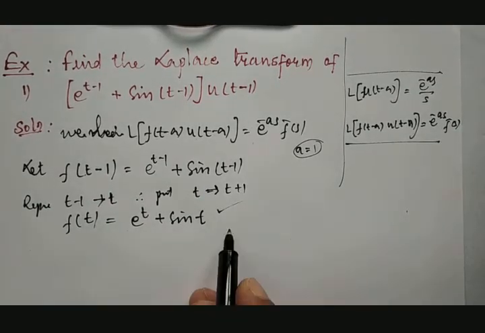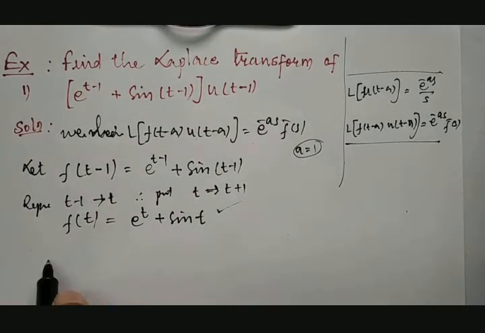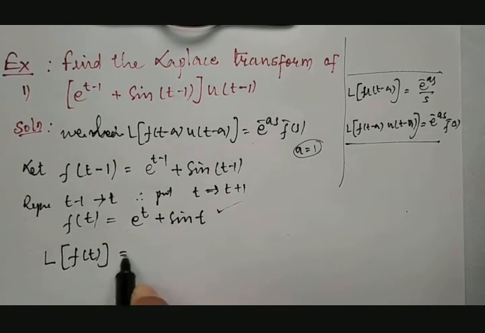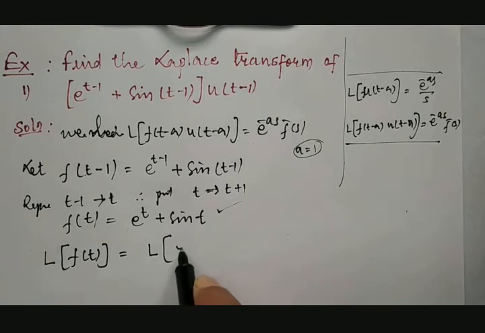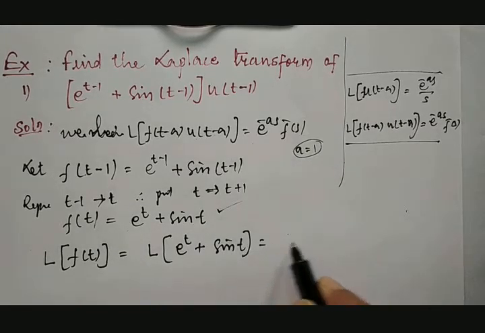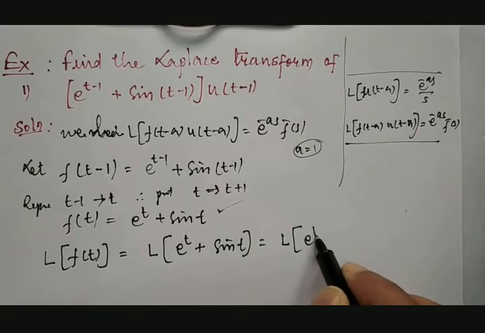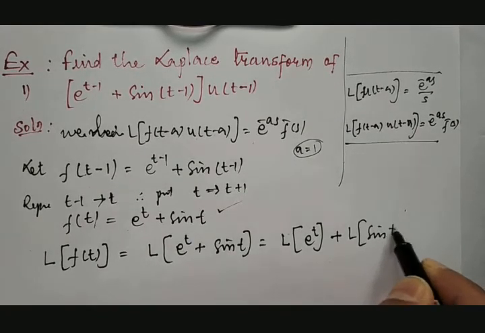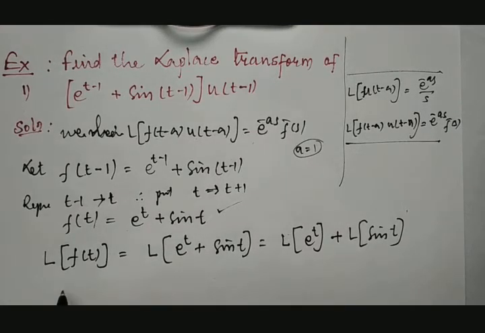Apply Laplace on both sides to get f bar of s. Therefore, L of f of t is equal to the Laplace transformation of e raised to t plus sine t, which is equal to the Laplace transformation of e raised to t plus the Laplace transformation of sine t. This is nothing but f bar of s.